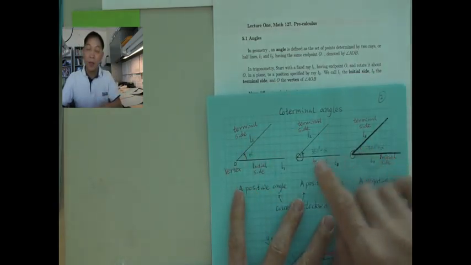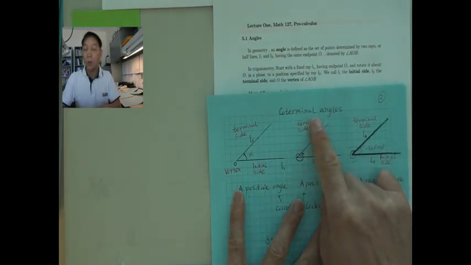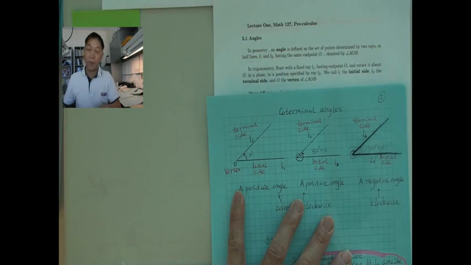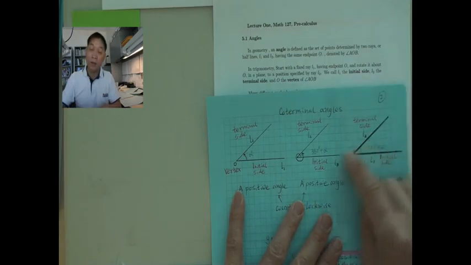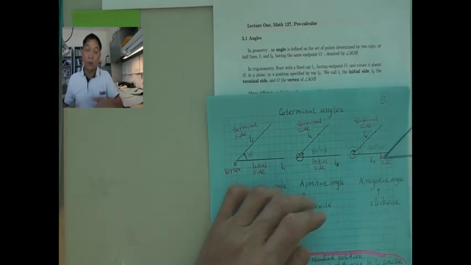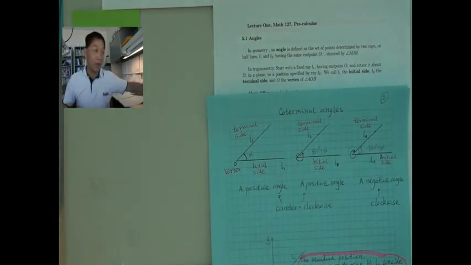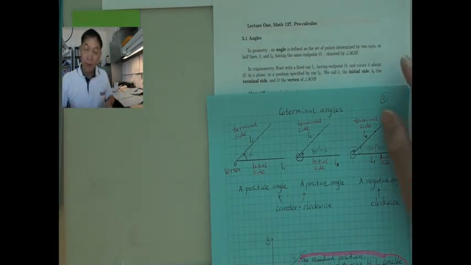So these three angles are called coterminal angles, because they have the same terminal side. Okay, now let's see more.